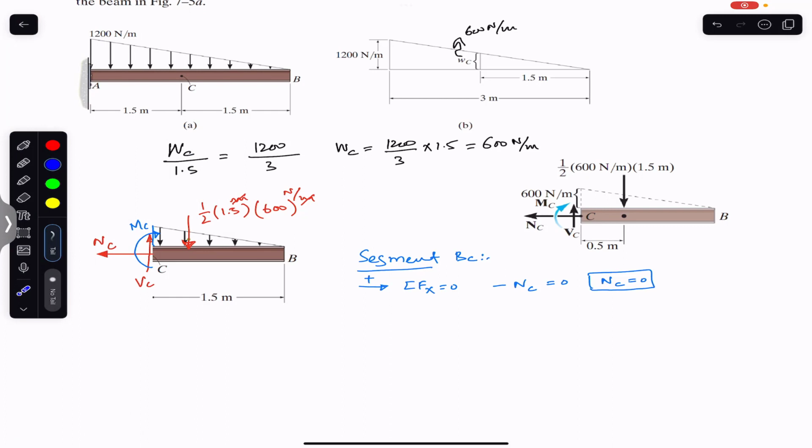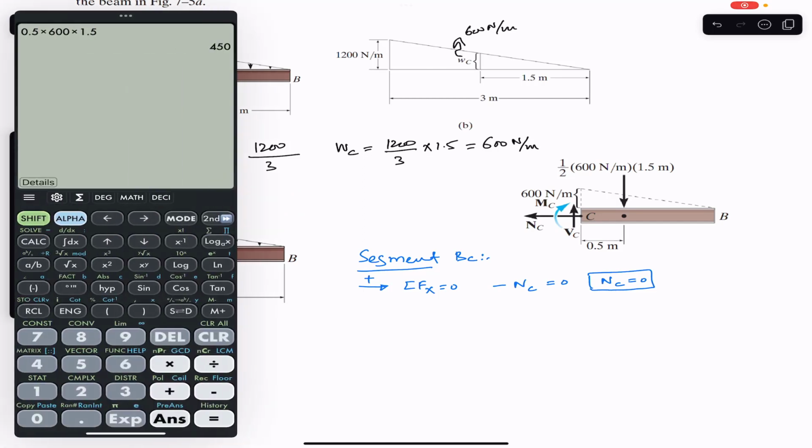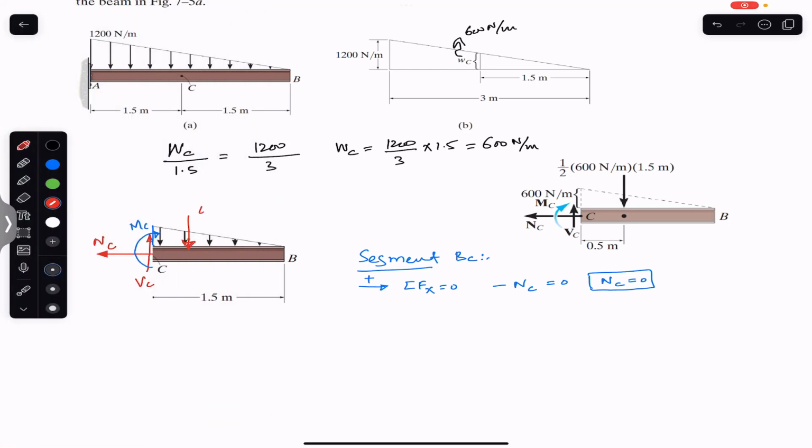So we can write that the triangular distributed load from point B to C can be replaced by a resultant concentrated load of 450 Newtons, and this concentrated load acts at a distance of 0.5 meters from point C.